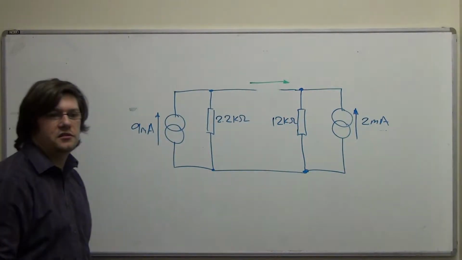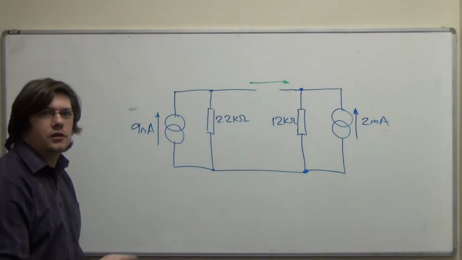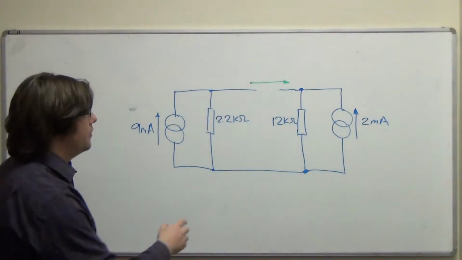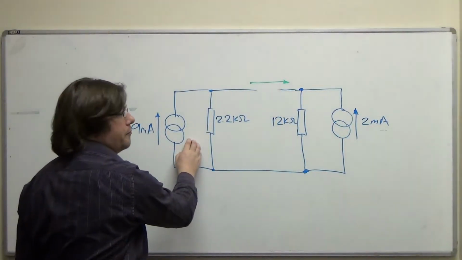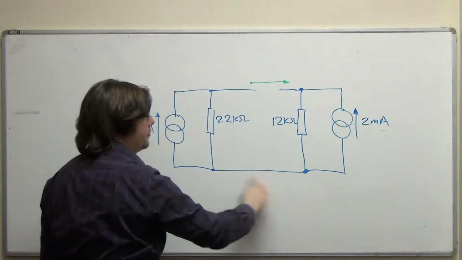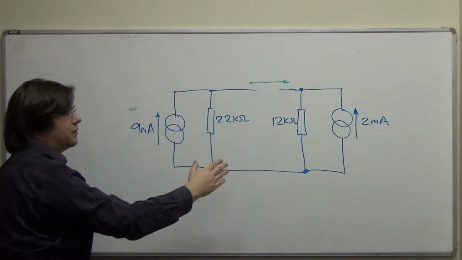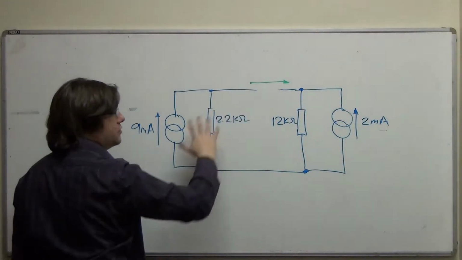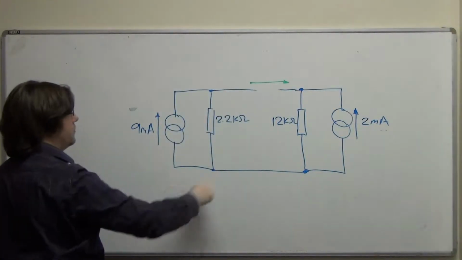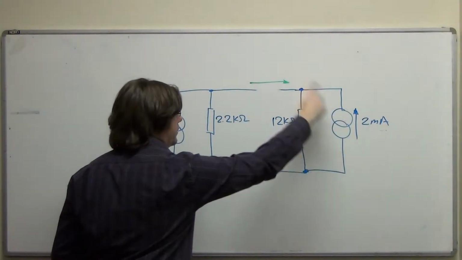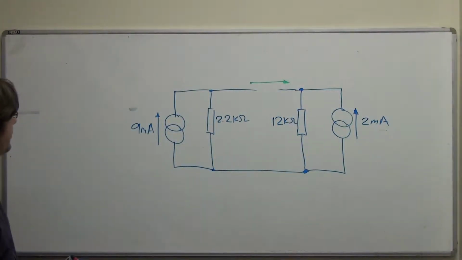But one pathway isn't enough. To have a circuit, you've got to have a mechanism for current to flow from this side to this side and then back from this side to this side. At the moment we've only got one because we've taken this away. So we can treat this circuit as if it's 2 different circuits, one over here and one over there. And this is almost trivial now really.